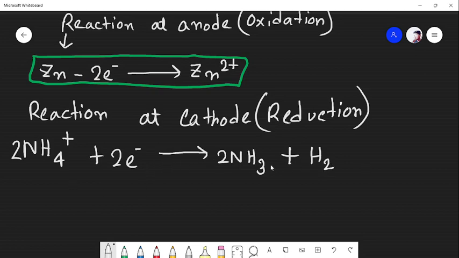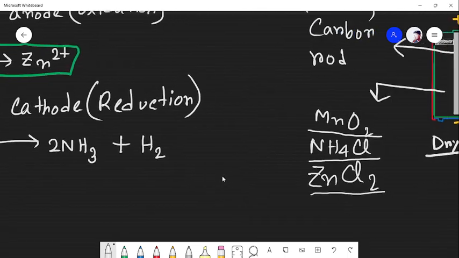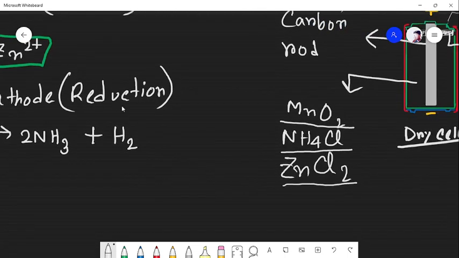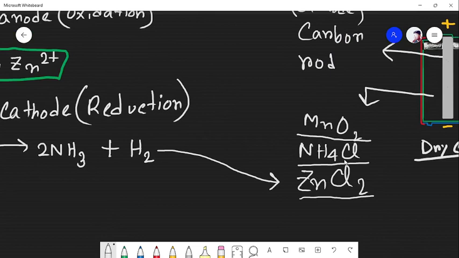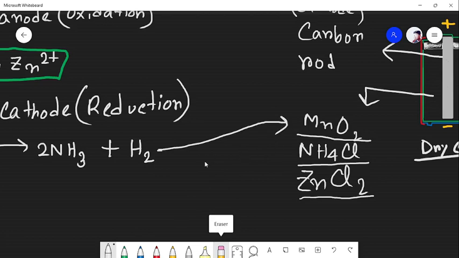This is the first reaction at the cathode. Now this hydrogen gas will react with, sorry, not zinc, it will react with manganese dioxide.